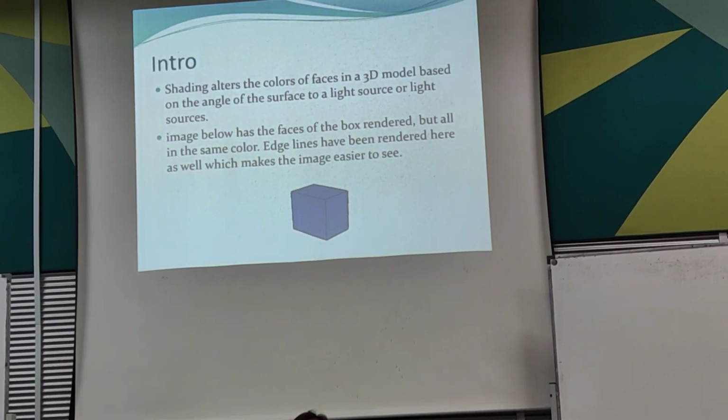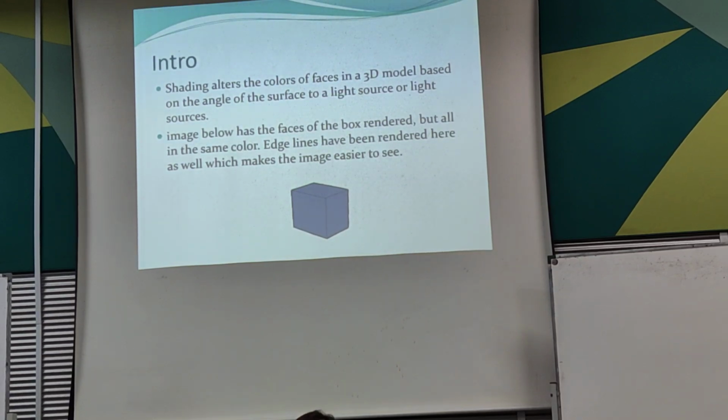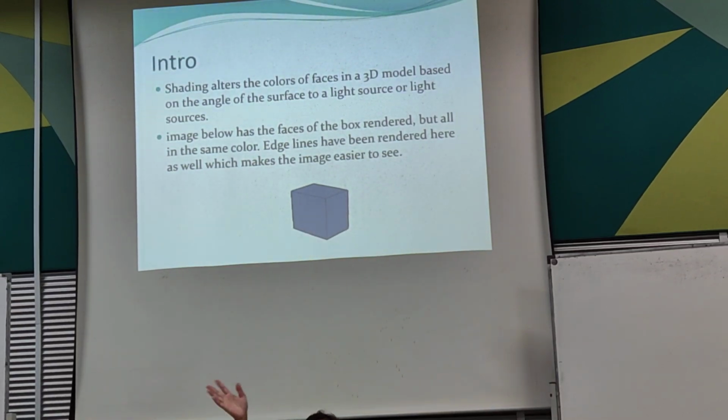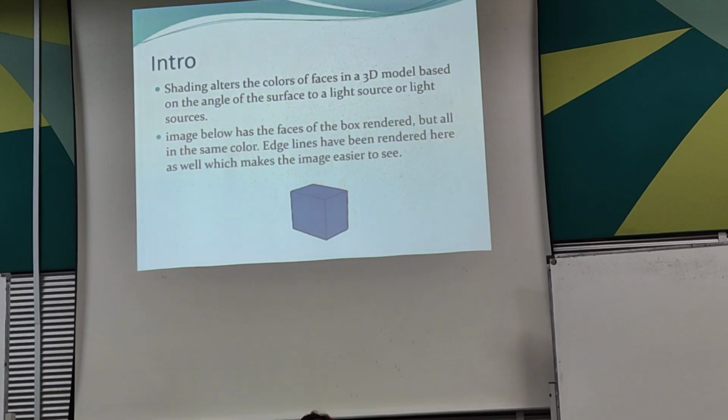Another way: some of you tried in your pyramid, you put in the normals. Without normals, your whole pyramid looks totally dark, or the whole pyramid looks totally bright, the whole thing red.